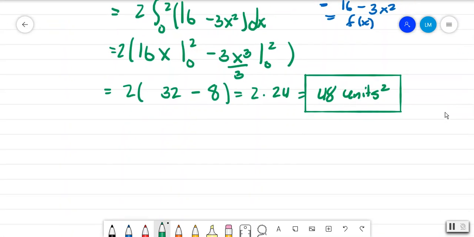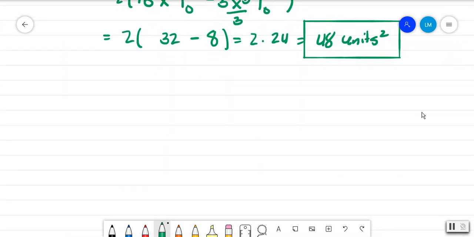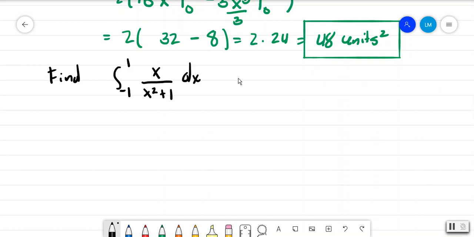Now, similarly, let's say we want to find the integral from negative 1 to 1 of x divided by x squared plus 1 dx.